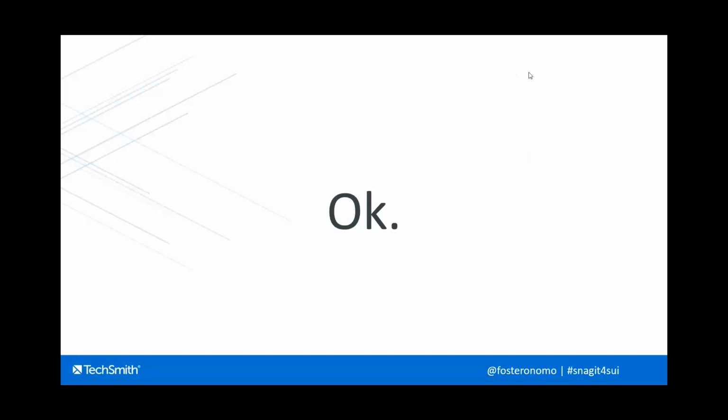So someone had a question in the chat. Does Snagit have a way to make it easier to make visuals more accessible, such as alt text, things like that? Most of the time, if you're creating online docs, the place you'd be doing that is in the authoring tool, if you're using MadCap Flare or RoboHelp or something, because you're creating the HTML with the text and the alt text along with it.